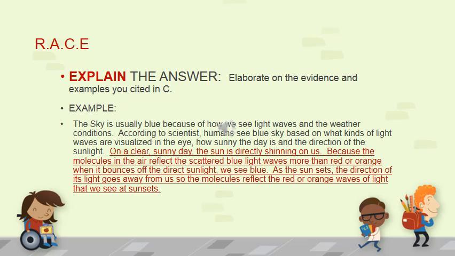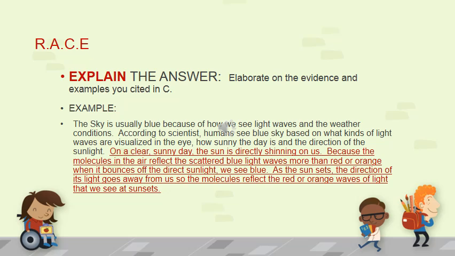After you cite your examples, you've got to explain what you're talking about. You have to elaborate on your evidence. The sky is usually blue because of how we see light waves and the weather conditions. According to scientists, humans see blue sky based on what kinds of light waves are visualized in the eye, how sunny the day is, and the direction of the sunlight.